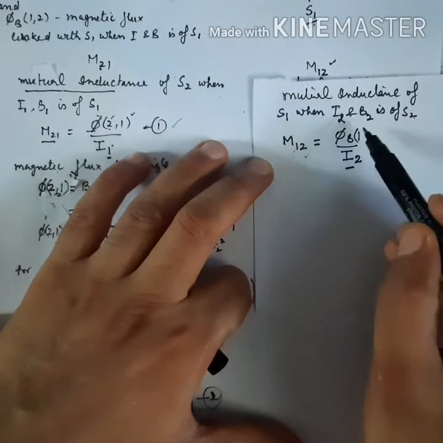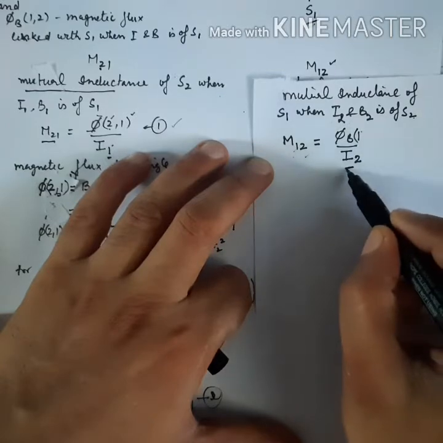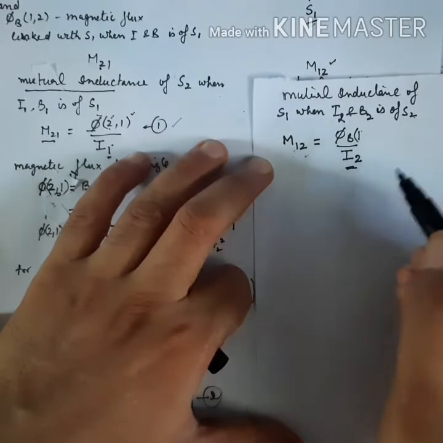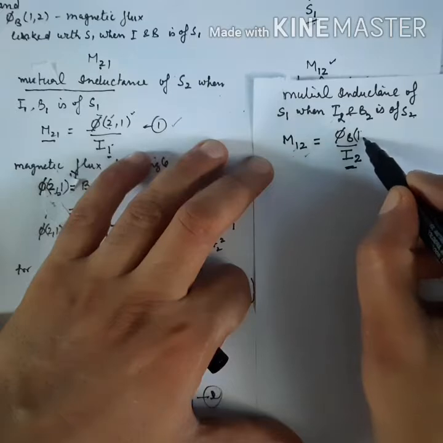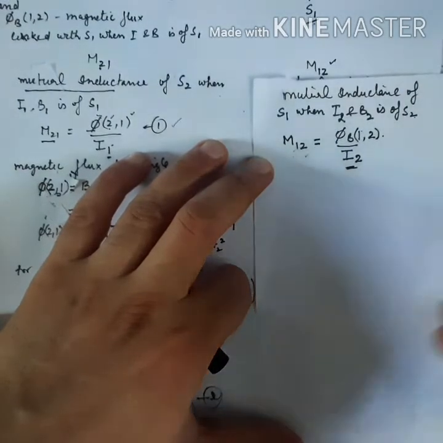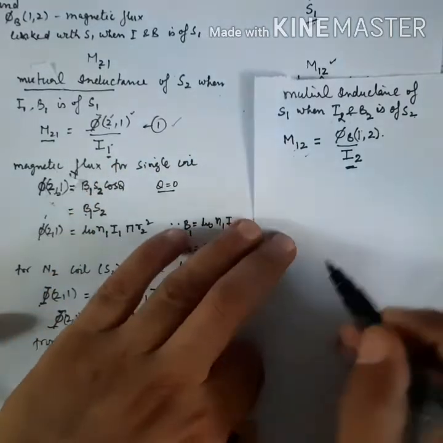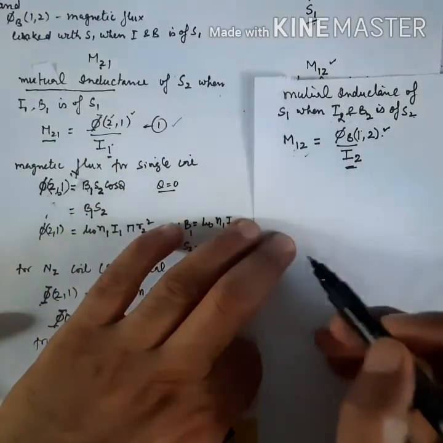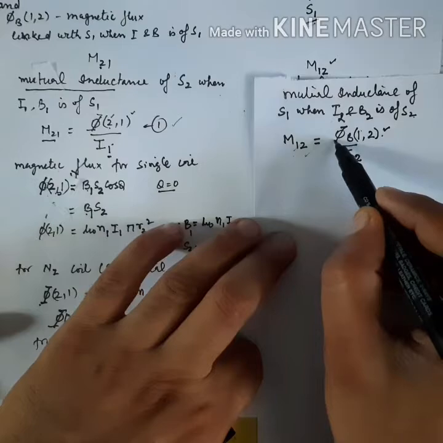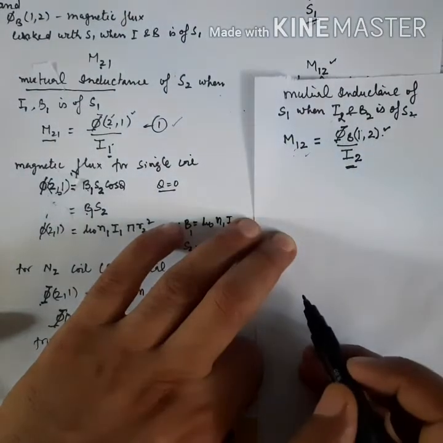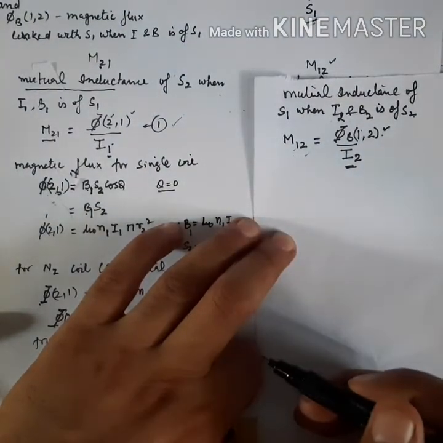So the current in the neighboring coil will be I2, and the flux is linked with the first one when the current and magnetic field are of the second one. Now I want to calculate this total flux. If we are able to calculate the total flux, we can find out the value of M12.